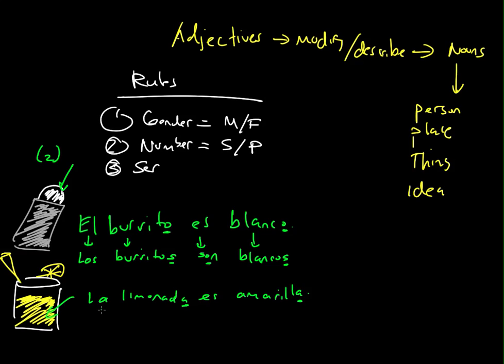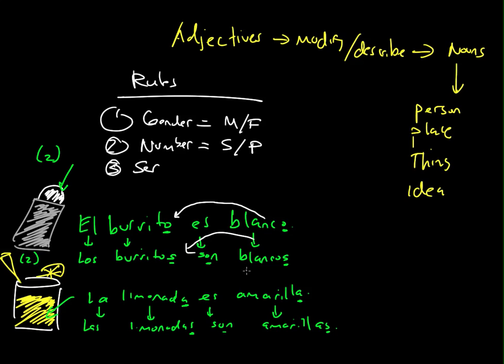Now let's make this plural, and so we're going to have 2 lemonades over here. So now la becomes las, limonada becomes limonadas with an S, es becomes son, and amarilla becomes amarillas with an S. So remember that adjectives in Spanish modify the nouns.